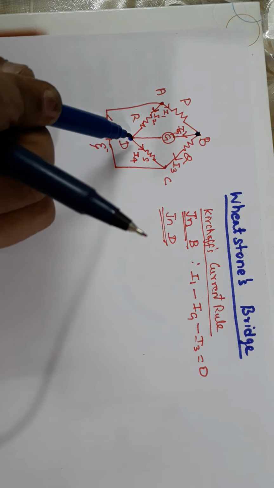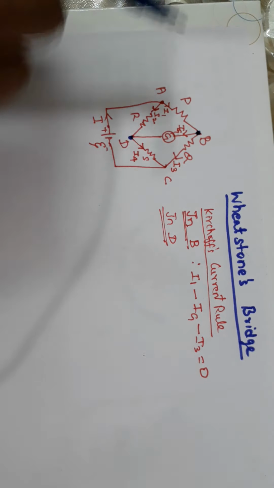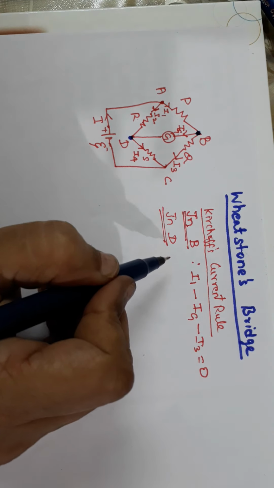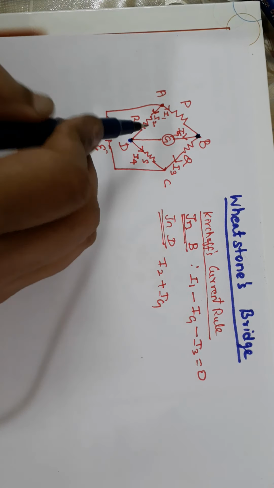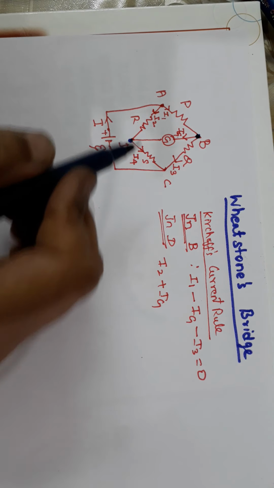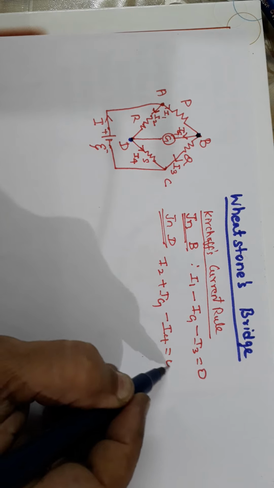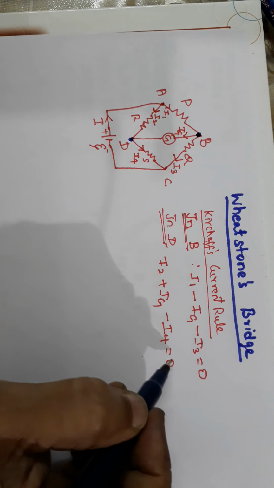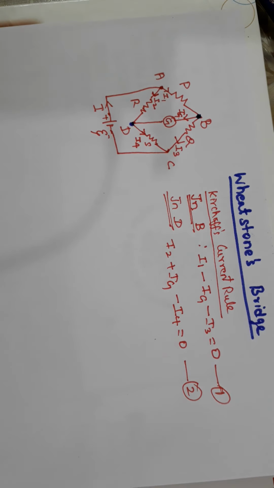I4 current is away from the junction, so for I4 you are going to put minus. So I2 and Ig are plus, as these two are toward the junction. I4 is away from the junction, so minus I4 is equal to 0. Remember to put 0. Let it be equation 2, and the other equation is equation 1.